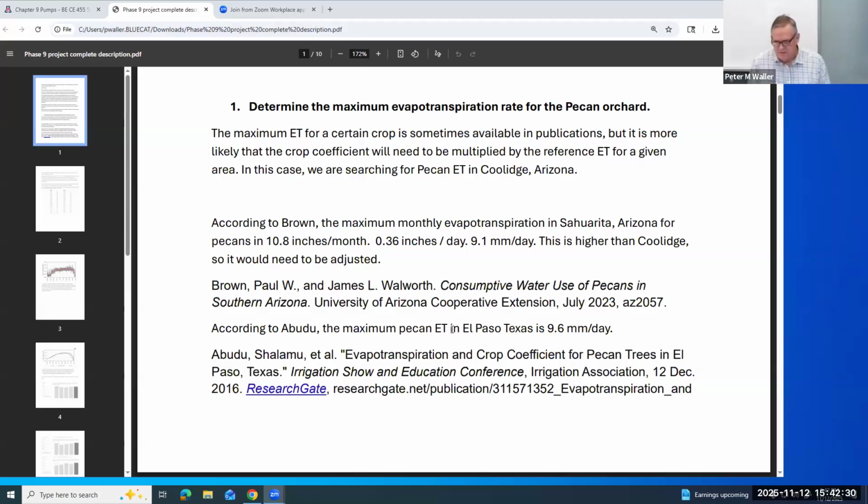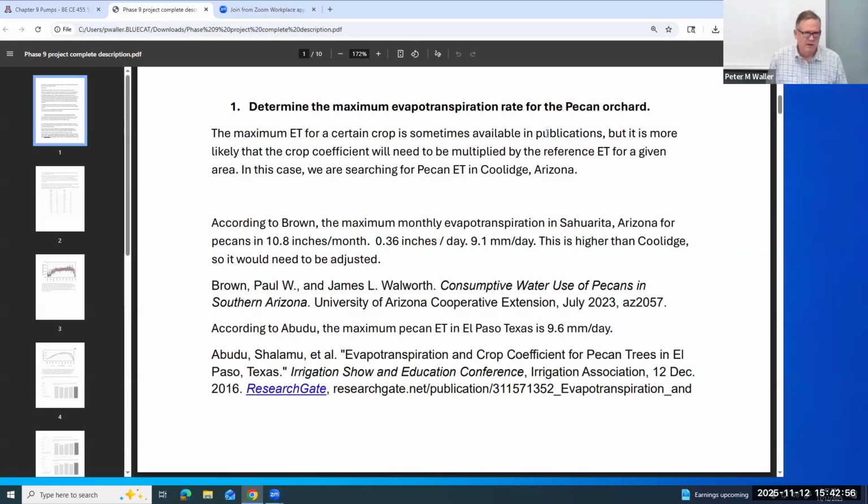Okay. So first, let's look at the maximum evapotranspiration rate for the pecan orchard. The maximum ET for certain crops is sometimes available in publications. And we actually went over this last time, but I'm just going to summarize it.